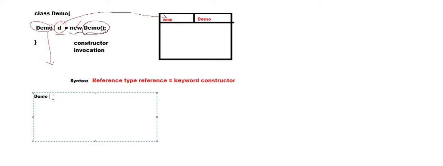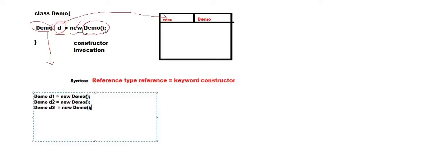This is one object, and this is another object. Like that we can create many objects using a single class. I hope it is now very clear to you how to create an object.